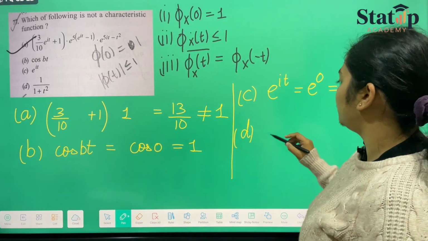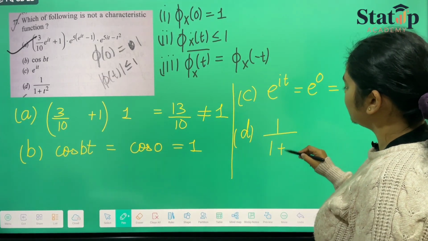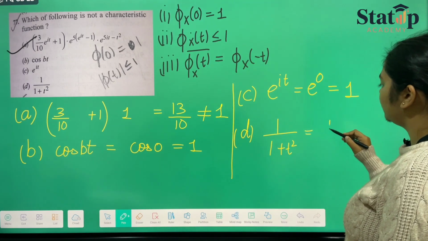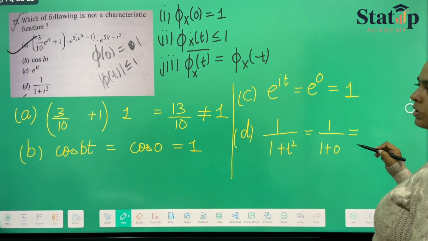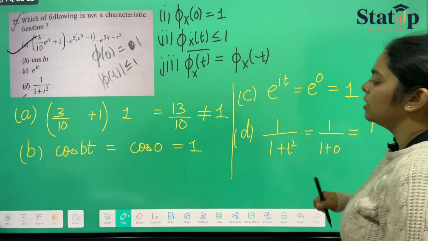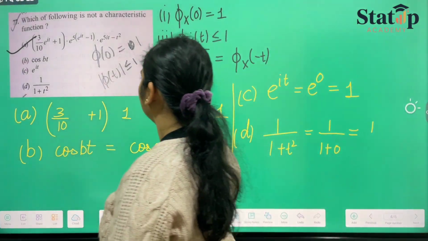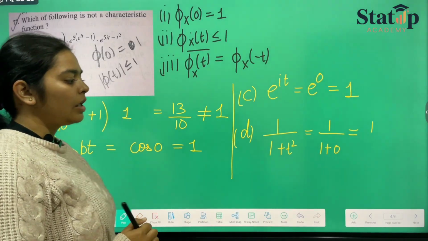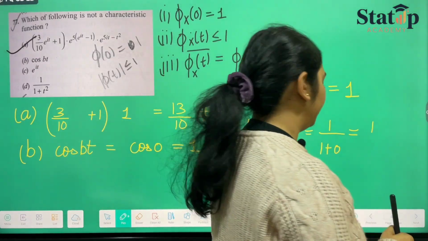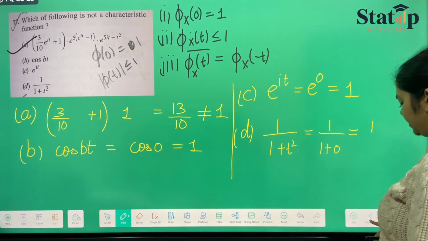Then we take the fourth one, which is given as 1 upon 1 plus t square. If we take t as 0 here, then it will be 1 upon 1 plus 0, which is 1 only. Then all of the others are coming 1 except for the first one, which is our answer. This is how we check whether a given function is a characteristic function or not.